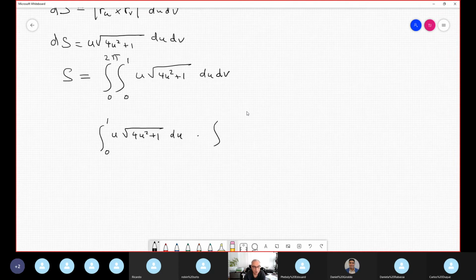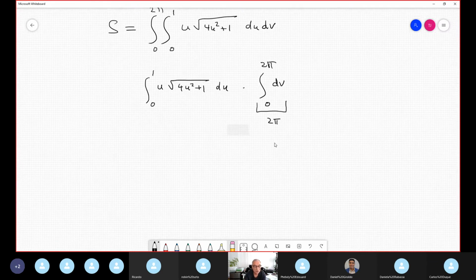And we have another integral here that depends only on v, since we have no v in the integrand function. This part is obvious, it is 2 pi. And this part, let me see, it's no big deal. It's Calculus 1 or Calculus 2.